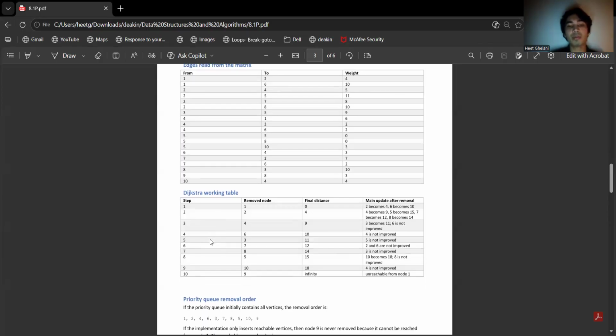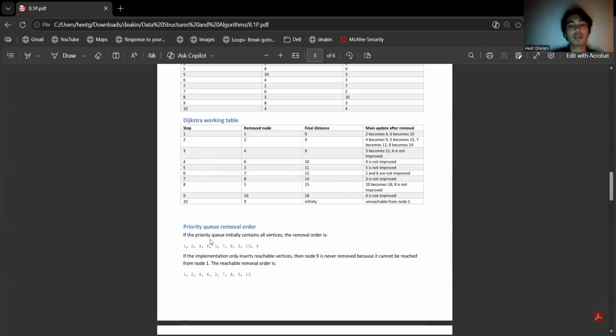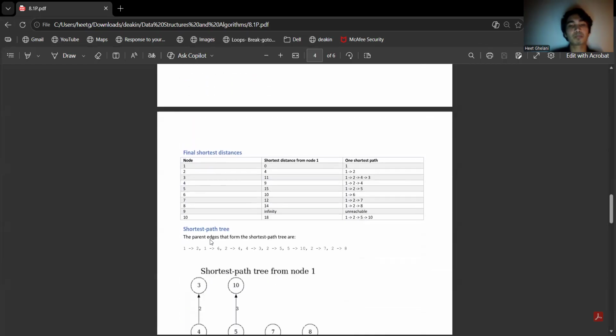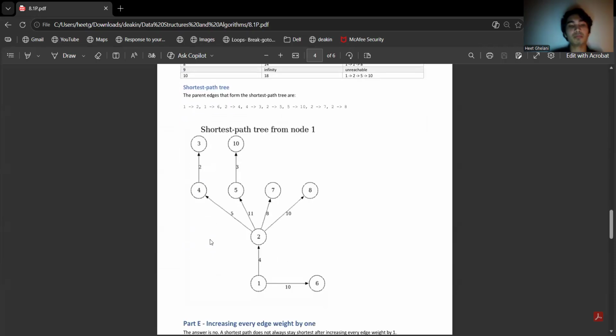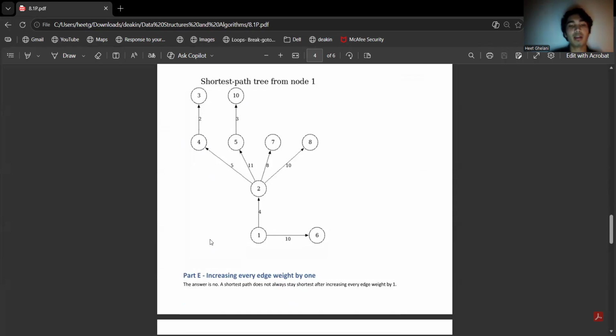The priority queue removal order in my solution is 1, 2, 4, 6, 3, 7, 8, 5, 10, and finally 9. Node 9 is unreachable from node 1, so its distance remains infinity.